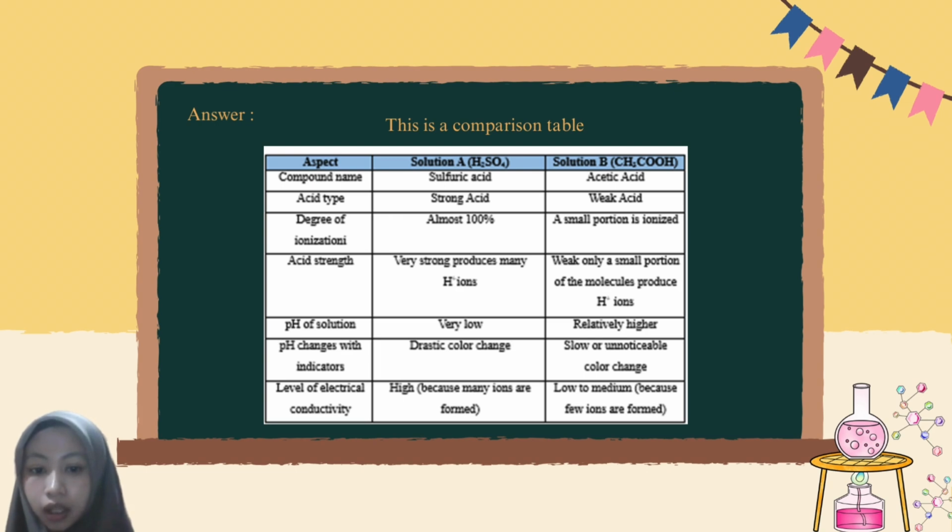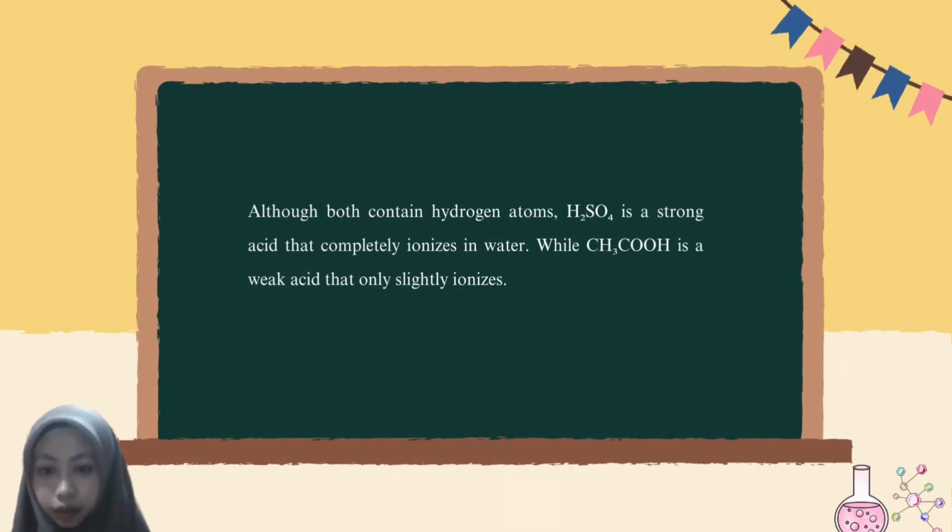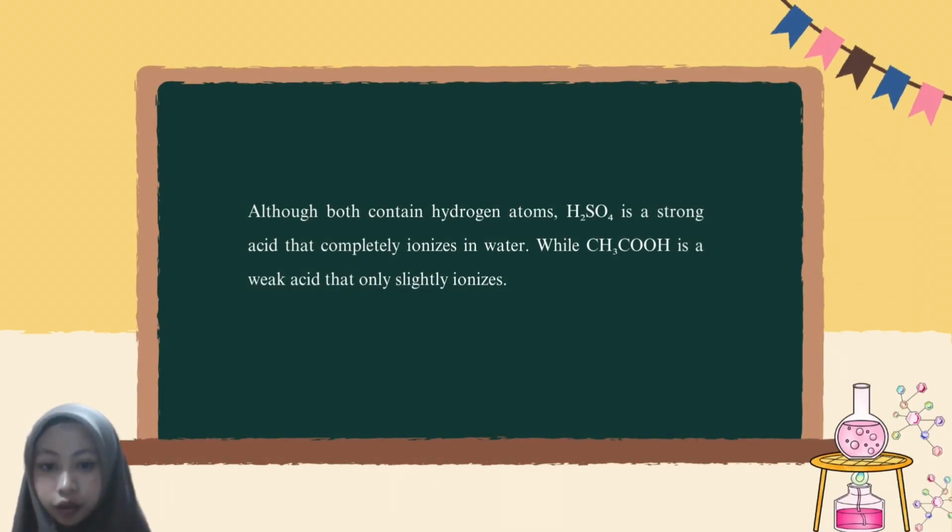Solution B low to medium because few ions are formed. Although both contain hydrogen atoms, H2SO4 is a strong acid that completely ionizes in water, while CH3COOH is a weak acid that only slightly ionizes.